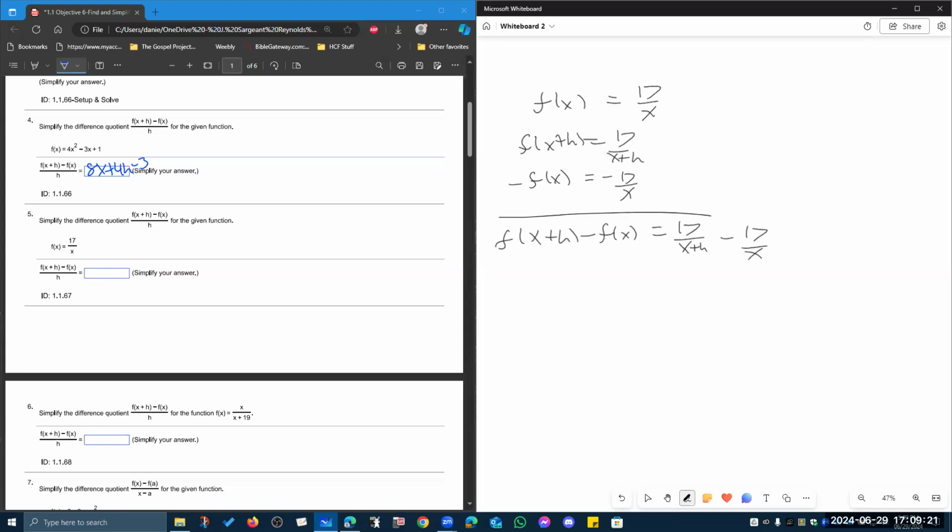So f of x plus h minus f of x is equal to multiply this one by x over x and this one by x plus h over x plus h. Gives me 17x minus 17x minus 17h over x times x plus h.